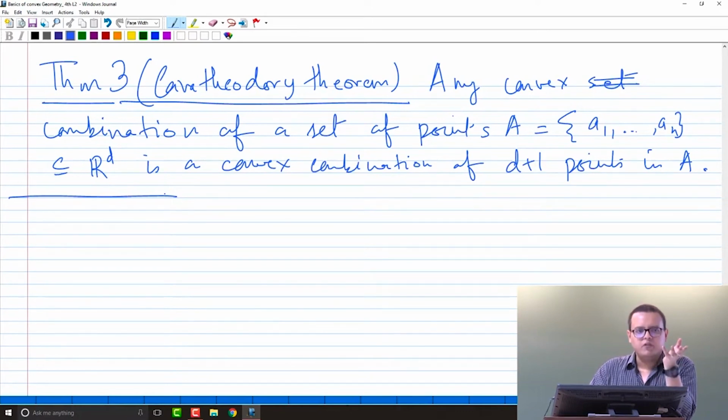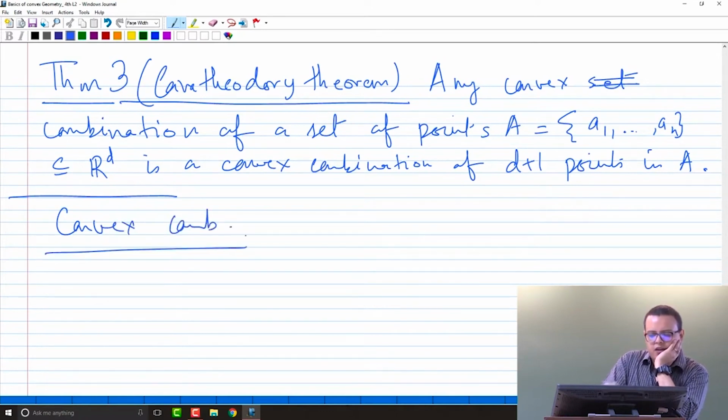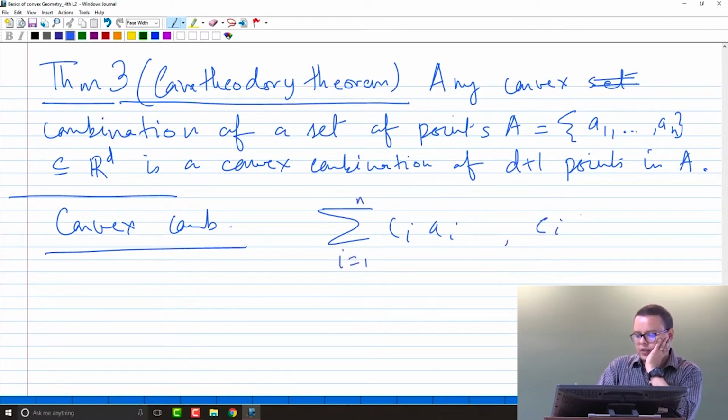See, how did we define a convex combination? We said it should be something like the sum of Ci Ai, i equal to 1 to n, Ci greater than or equal to 0, summation Ci equal to 1. Right? n can be much larger than d plus 1.